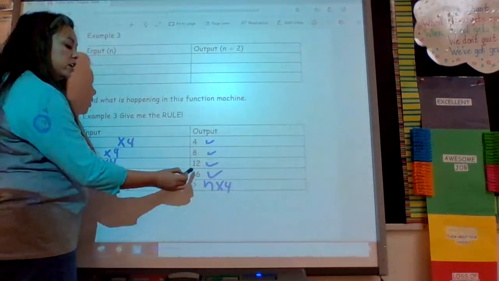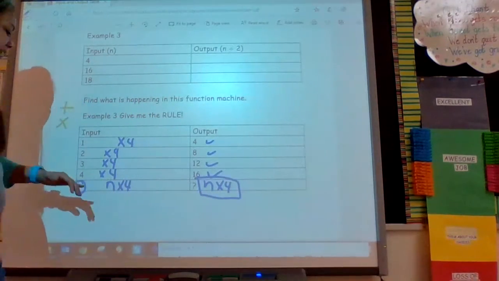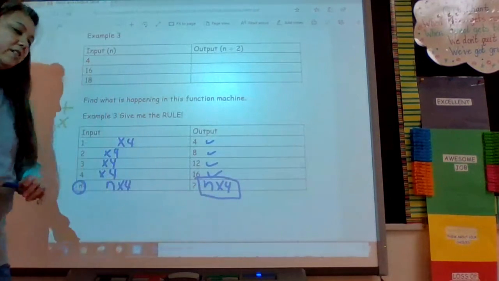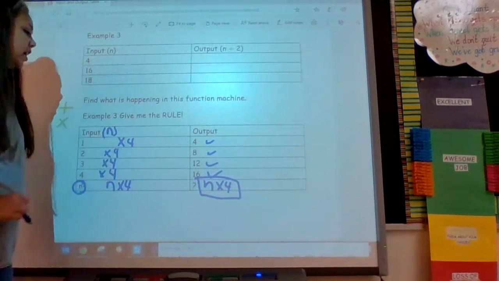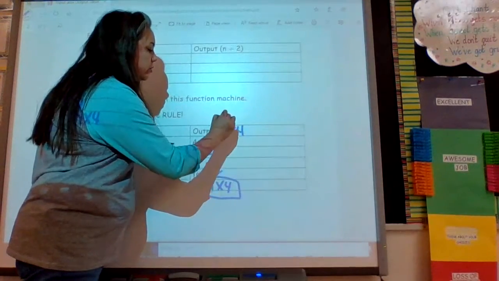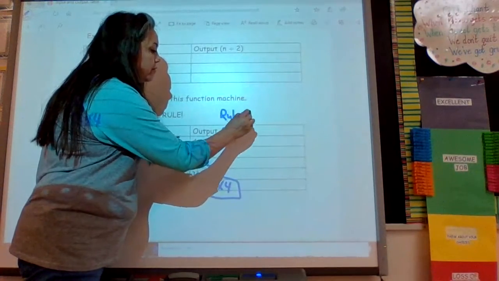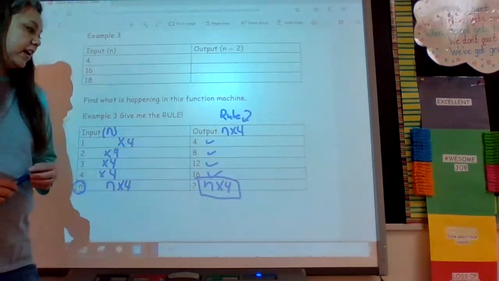The rule. So here's the rule that we were looking for. And they like to be a little bit tricky on that, okay? Because normally we were seeing n right here, weren't we? And so that's how they told you, and then n times 4, this was the rule that we are looking for. Remember, the rule is going to have that variable in it, okay?